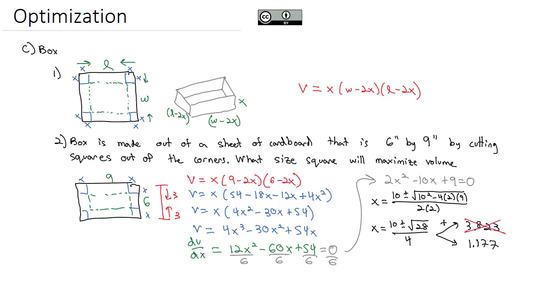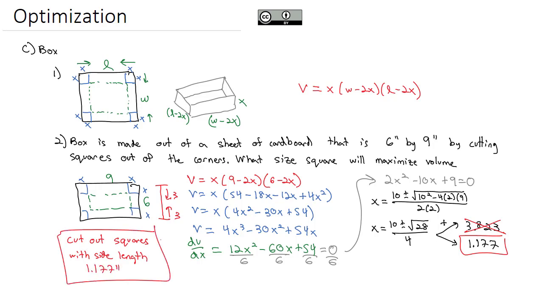We can't cut that far, which means we need to cut out squares with side length of 1.177 inches. That will optimize our box's volume.